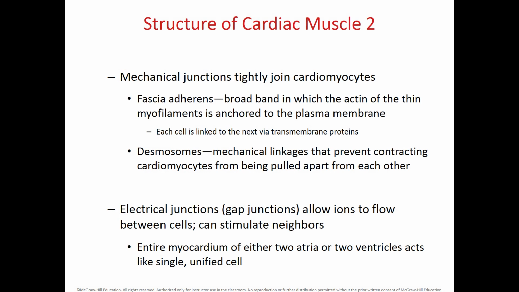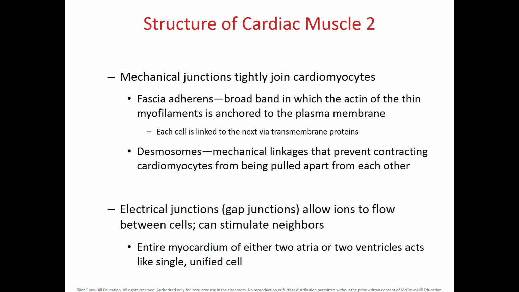So some of the characteristics of the mechanical junctions is that they are known as fascia adherens, in which you have these actin filaments that are anchored into the plasma membrane. And then each cell will be linked to the next via these transmembrane proteins that we know as desmosomes.